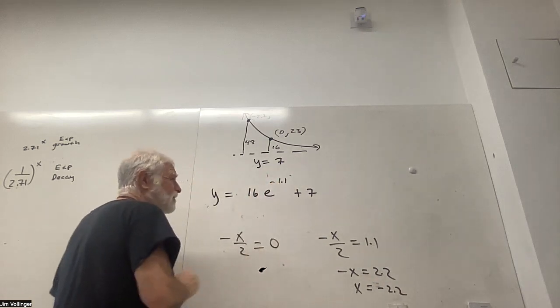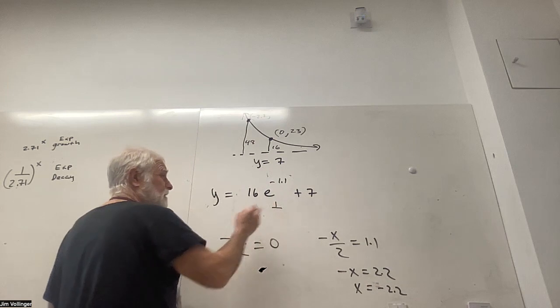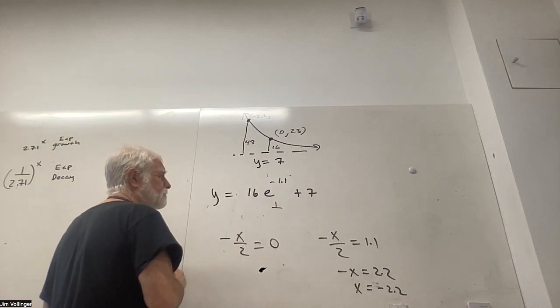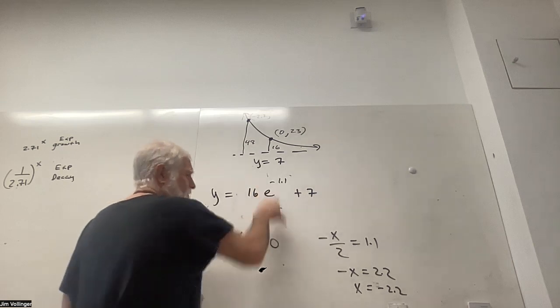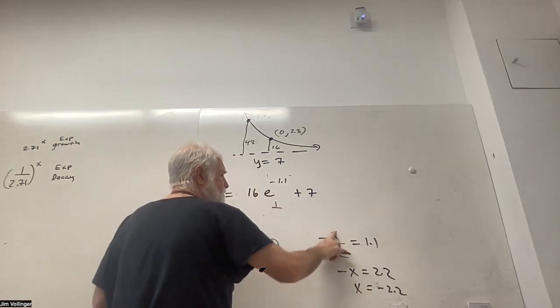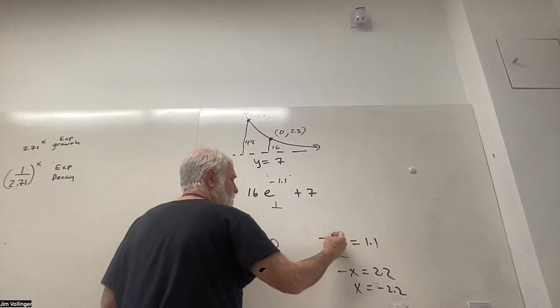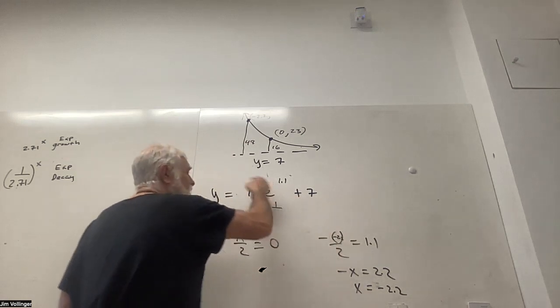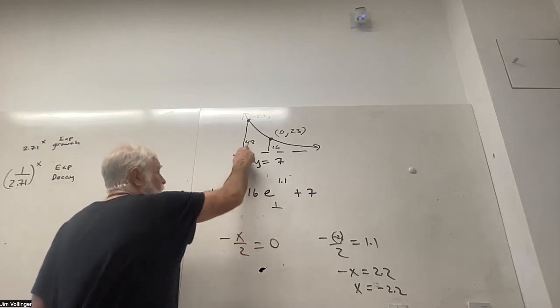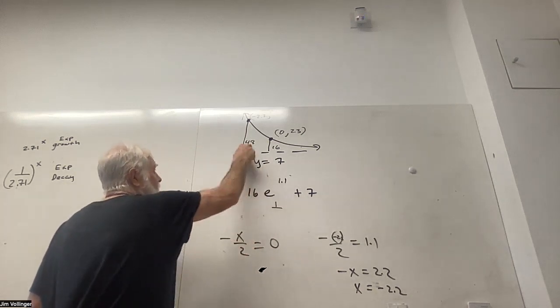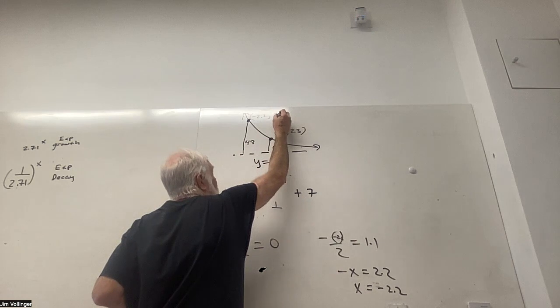That's on your memorization sheet. That's not what I wanted. Oh, there's a minus sign, right? Algebra 1 mistake, minus 2.2. So this is going to be positive, which means that at negative 2.2, that's going to be 3 times bigger. And if that's on top of 7, it's 55.